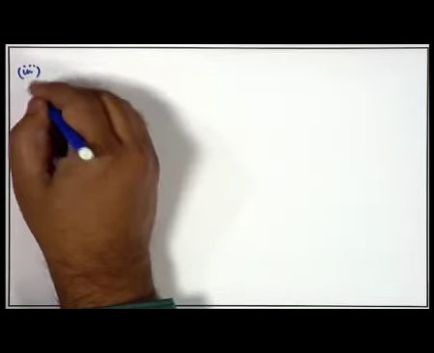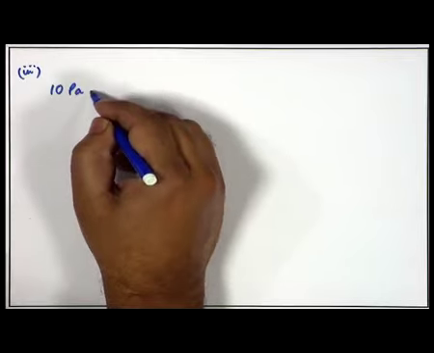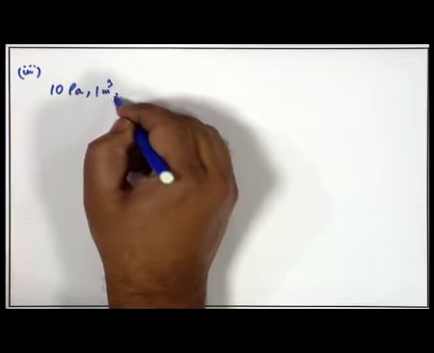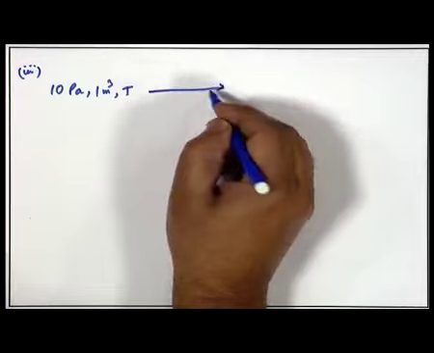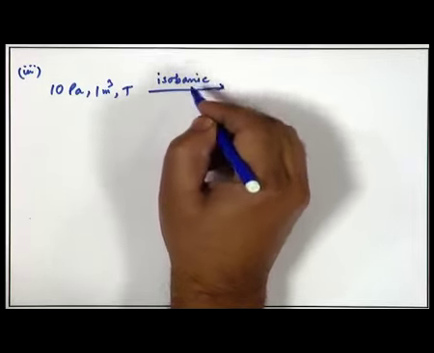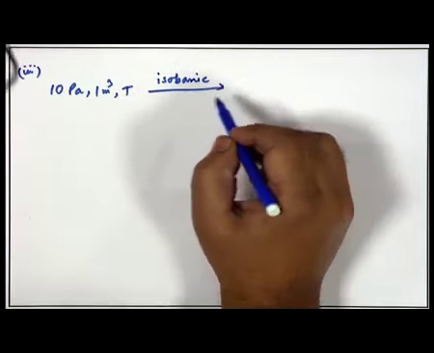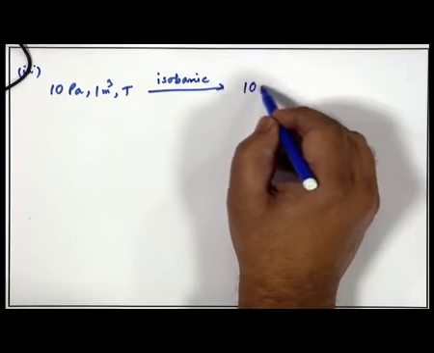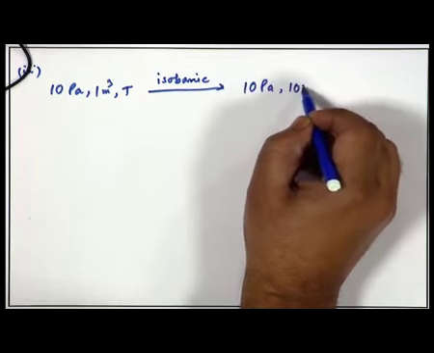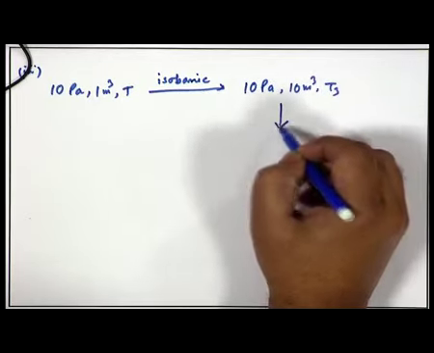So, in the third case, I can do the other way around, 10 Pa, 1 meter cube. Now, I just reverse the steps. Earlier in the last example I did it isochoric, then isobaric. Now, in this case I am doing isobaric followed by isochoric.